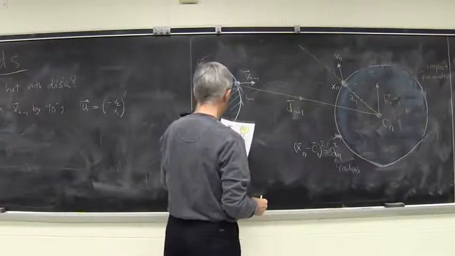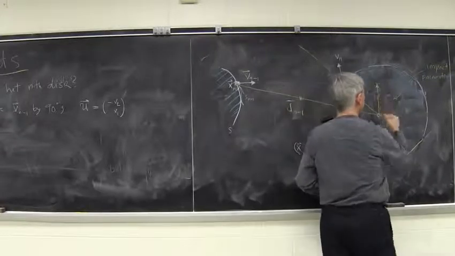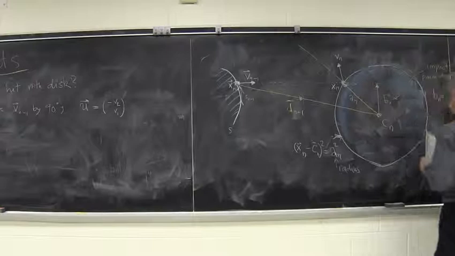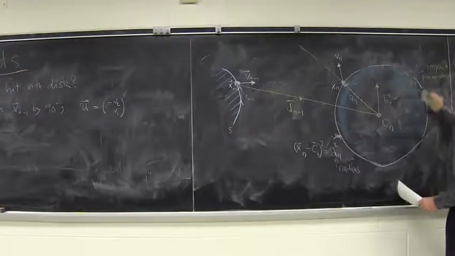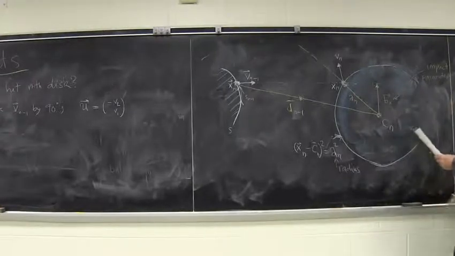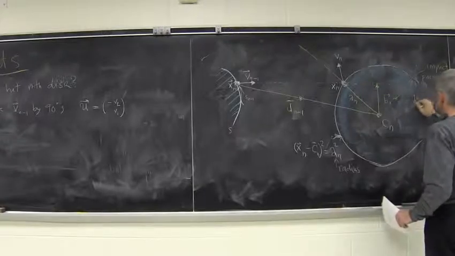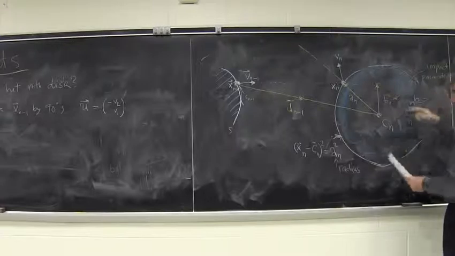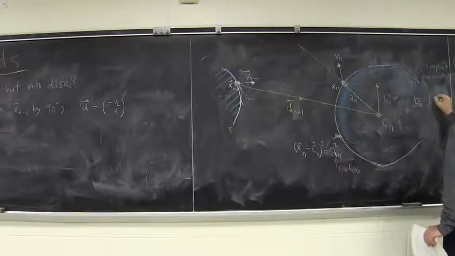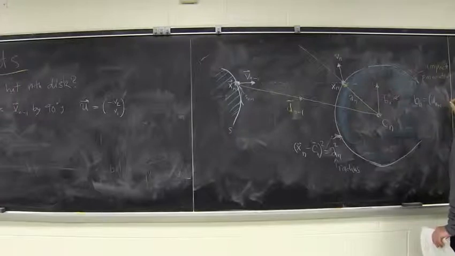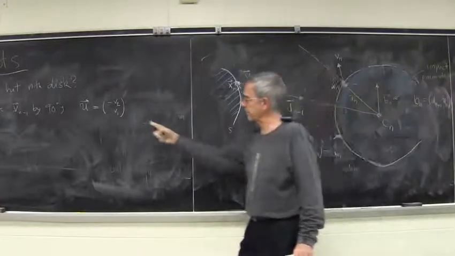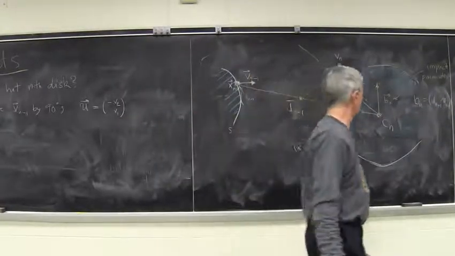Then I can compute the parameter distance as b_n equals the distance along here as a product of this thing times u_{n-1}. This by construction is a unit vector because v was a unit vector.